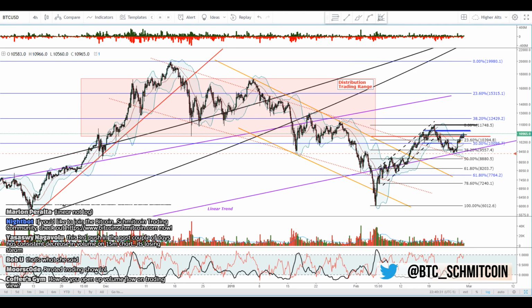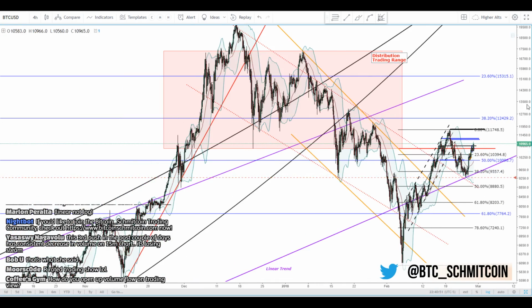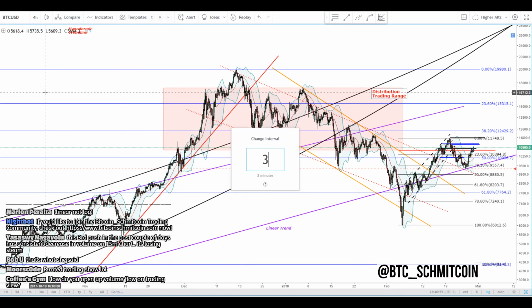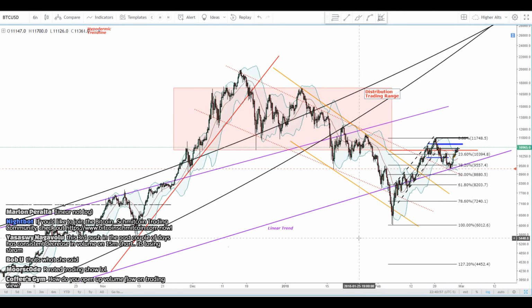Where'd that thing go? Okay, here we go. Let's do 6 hour, I guess. Clean up these candles a little bit. Let's get the Bollinger Bands off too.